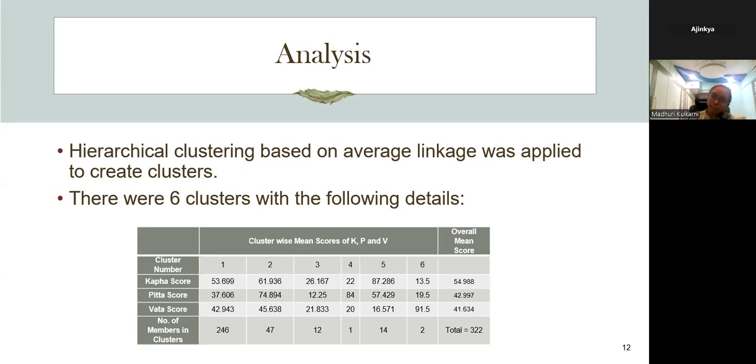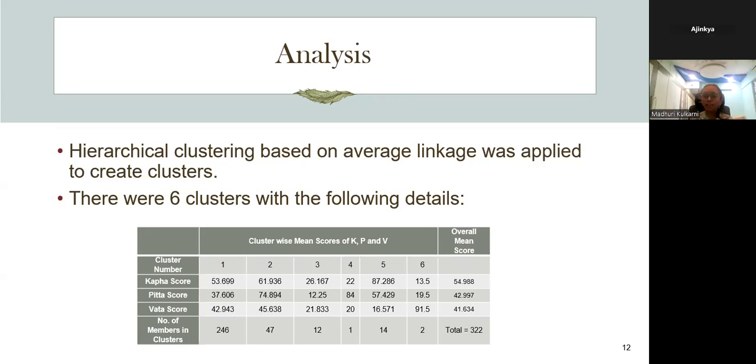We compared the cluster-wise mean scores, and we could see that at least 3-4 clusters are clearly defined. One cluster is clearly different from the other, on the basis of the mean kapha, pitta, vata scores.